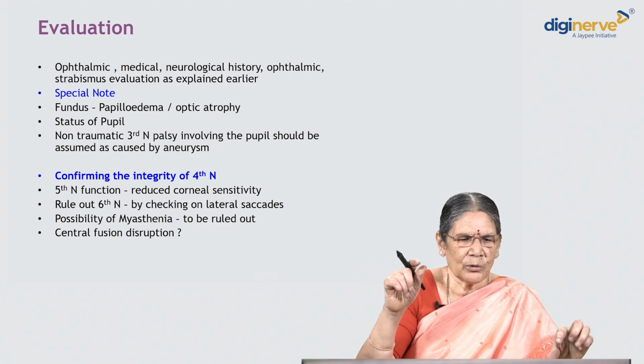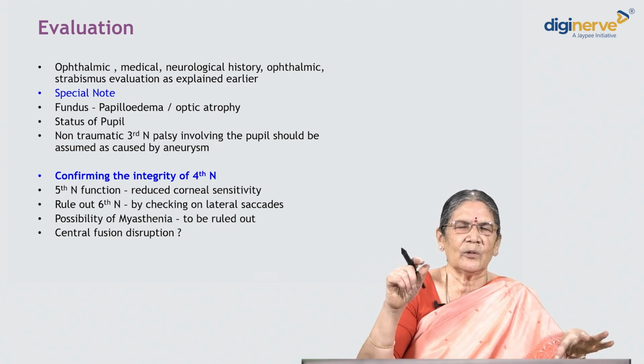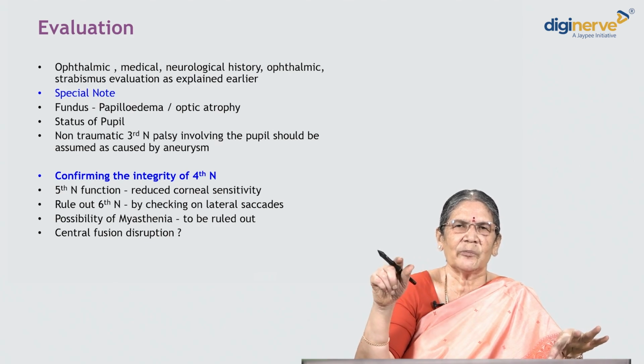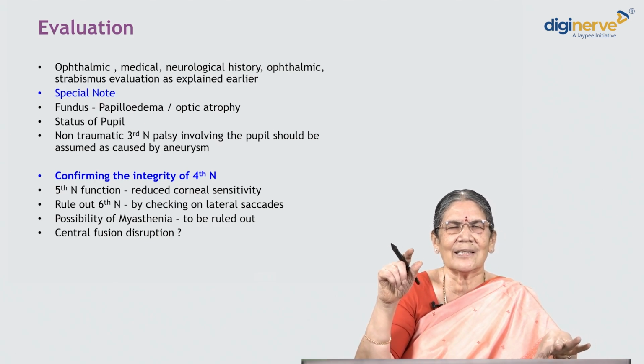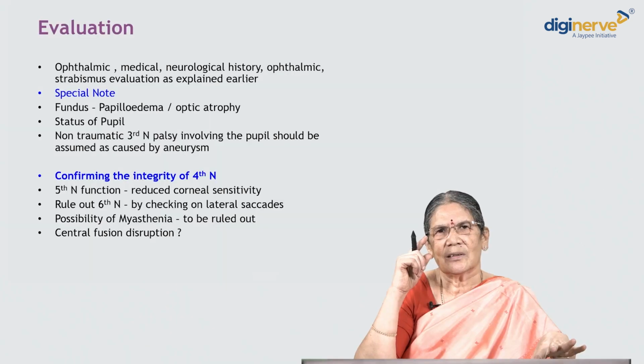Once you do this, next we need to confirm whether other ocular nerves are involved or not, because the third nerve has a close relationship with the other nerves. So, how do we know it? We will talk about the fourth nerve a little later. About the fifth nerve, it is easy for you to see because you can check corneal sensation.